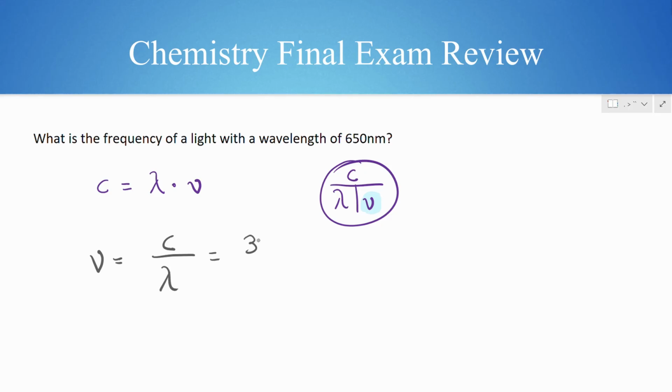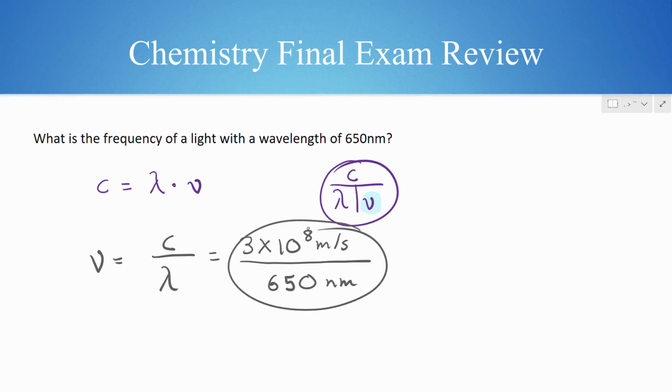Now, the speed of light is a constant. It's a number that you should know, and it's going to be approximately 3 times 10 to the 8 meters per second. Then you have wavelength with 650 nanometers. Now, the thing wrong with this equation is that we cannot do math with different units. Either nanometers needs to be converted to meters, or meters needs to be converted to nanometers. So before we put this in, we need to convert this to meters.